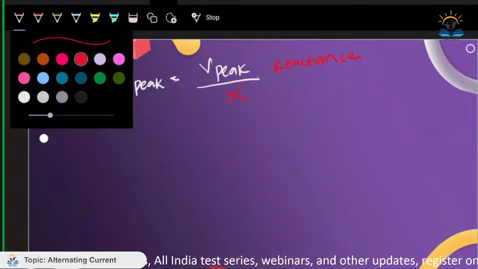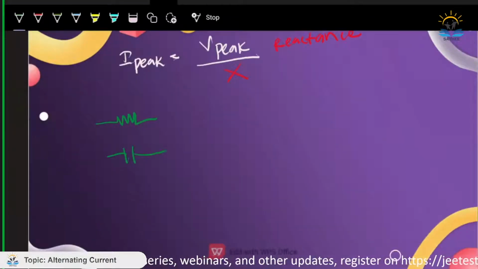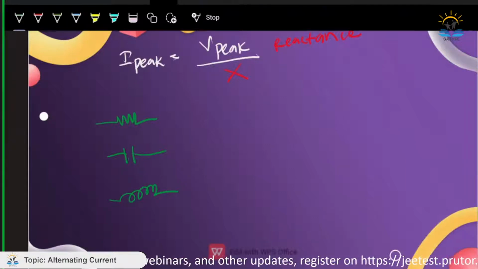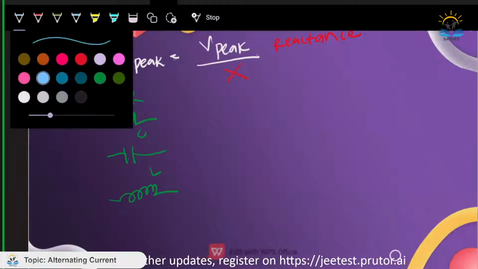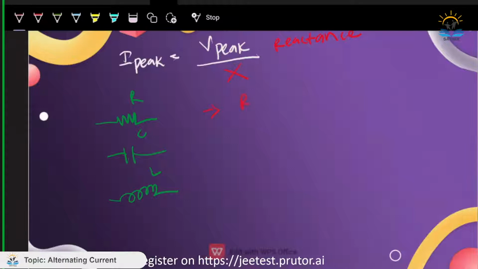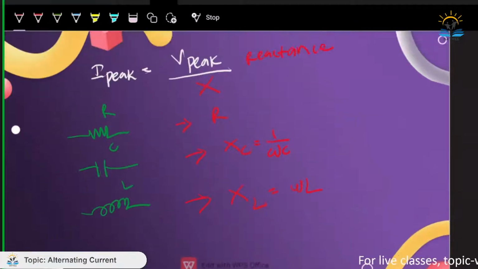If only a resistor is connected, only a capacitor, or only an inductor, the reactance will be R. In a capacitor it will be XC, which is equal to 1 by omega C, and the reactance in an inductor will be omega into L. Okay, easy.